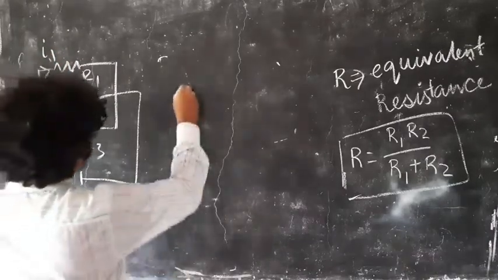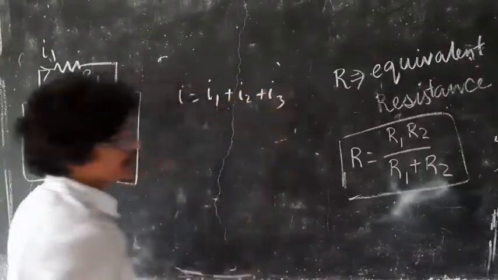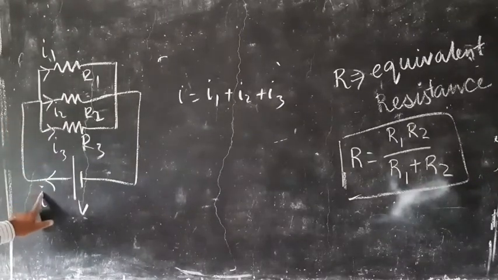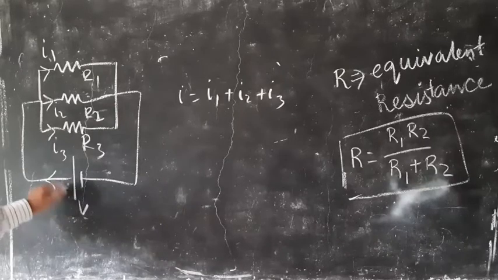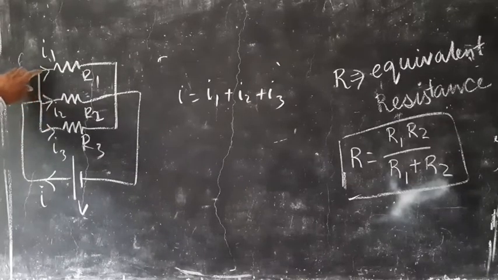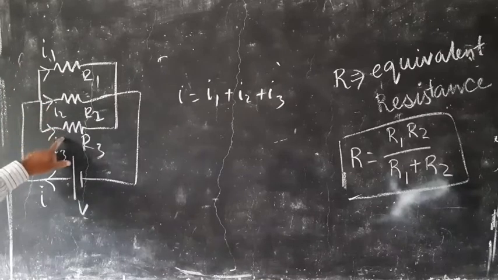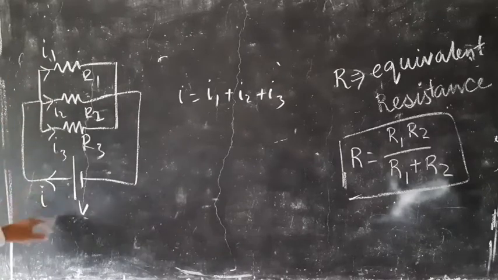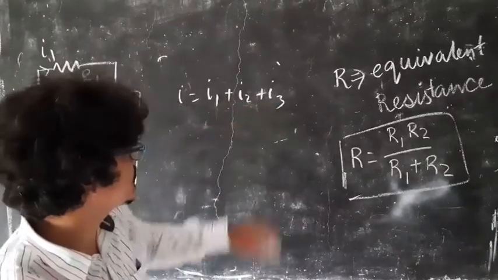Suppose current I is coming from potential or battery V. So this current I has got three branches 1, 2, 3. In this branch I1 current is flowing, in this branch I2 current is flowing, in this branch I3 current is flowing. So the sum of these three currents will be equal to this current. That is what I have written: I is equal to I1 plus I2 plus I3.